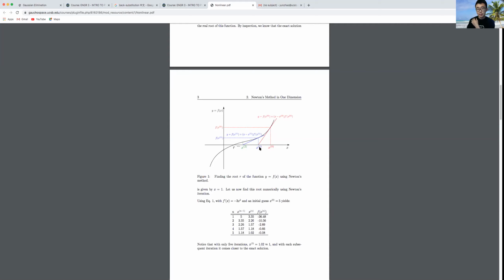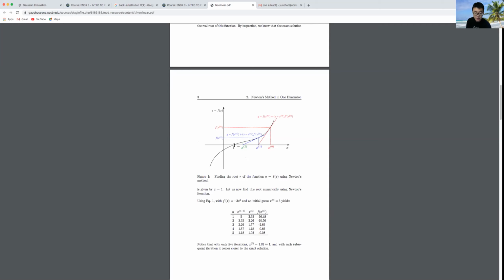For this line, because it's a linear line, and we have already learned how to solve a linear equation, right? It's Gaussian elimination. So we can use Gaussian elimination to find this point. This is the intersection of this linear line with y equal to 0. And we say this is x1.